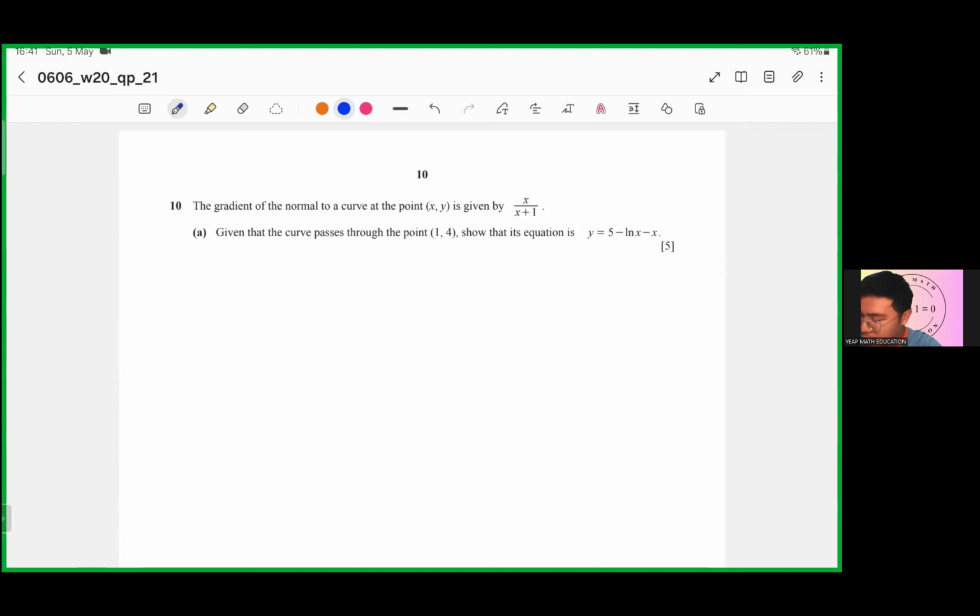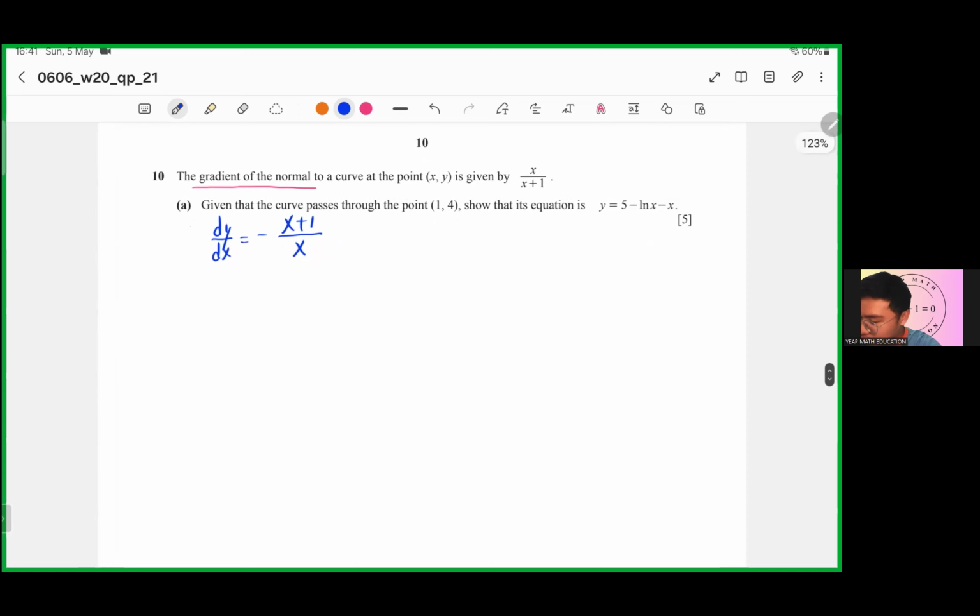Because this question already tells you the gradient of the normal, this means dy/dx equals negative (x plus 1) over x. This part is very important because a lot of people don't know how to get it. I hope you can understand how to get this part.